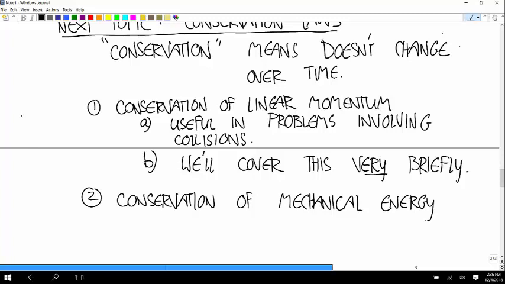It's not really the same thing as saying that all the energy in the universe stays the same. But for some cases, we can reduce the total conservation of energy down to conservation of what we're going to call mechanical energy, a subset of the types of energy that there are.